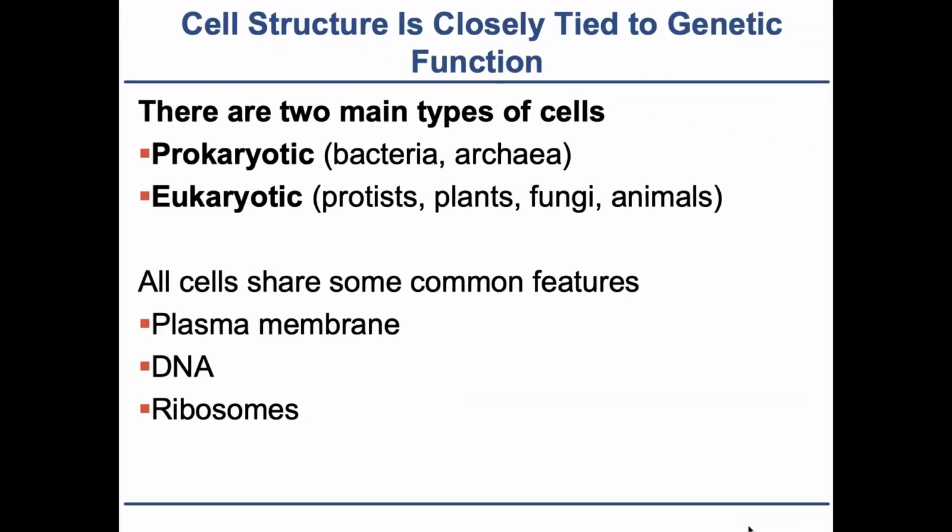And those features are that they are on the outside surrounded by a plasma membrane. And that plasma membrane then holds a gelatinous material that we call the cytoplasm. And within that cytoplasm, there is genetic material, predominantly in the form of double-stranded DNA, either a single molecule or multiple molecules.